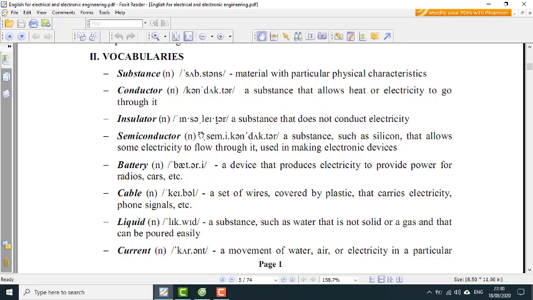Insulator. Insulators mean a substance that does not conduct electricity. Semiconductor. Semiconductor means a substance such as silicon that allows some electricity to flow through it, used in making electronic devices.